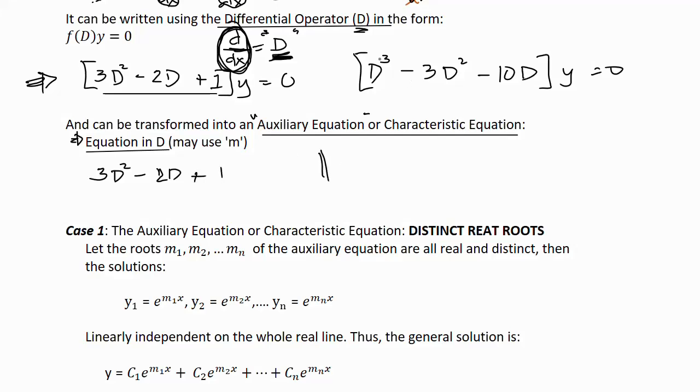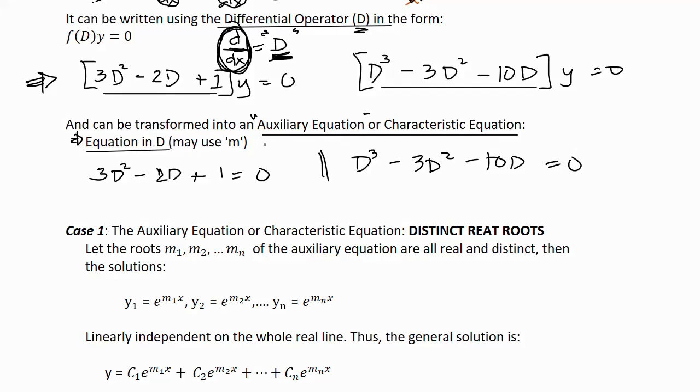While on this side, the auxiliary equation is D cubed minus 3D squared minus 10D equal to 0. So this only means that the auxiliary equation is the equation in D.